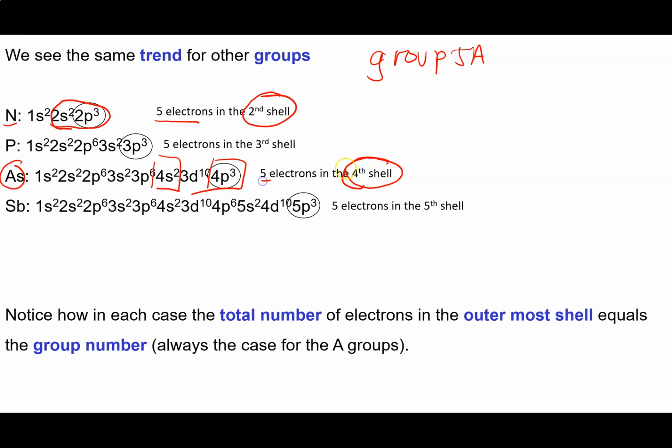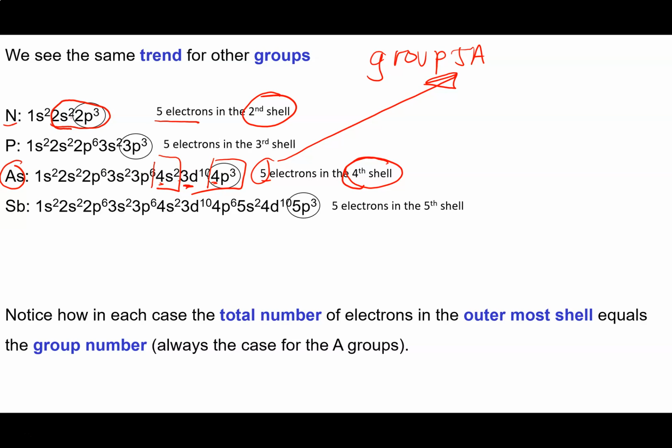So 5 electrons in the fourth shell, and sure enough, it's in group 5A. Now, you have to be a little bit careful to recognize that the 3d10 is not part of the fourth shell. So you do have to make certain that you add up all of the electrons in the outermost shell, even if they are in a kind of disjointed order.